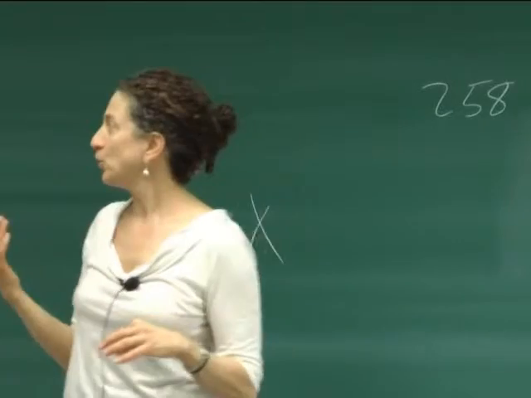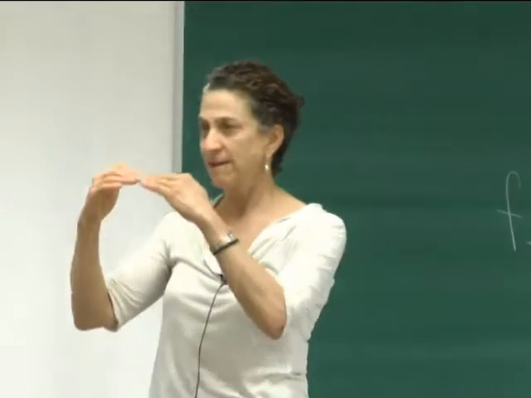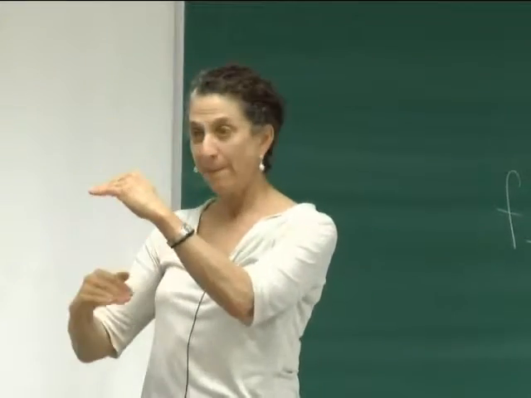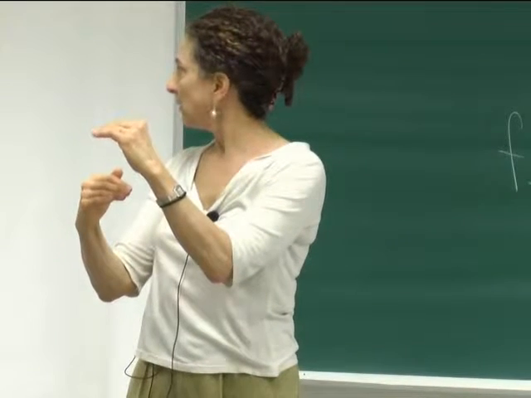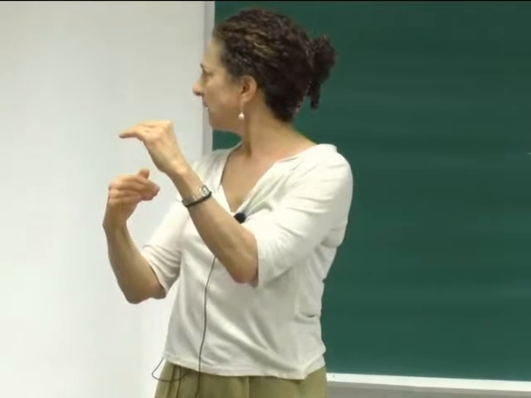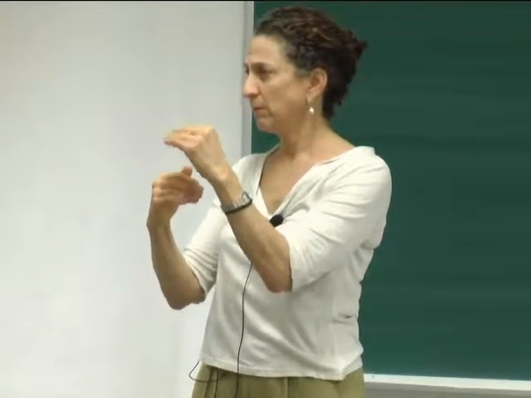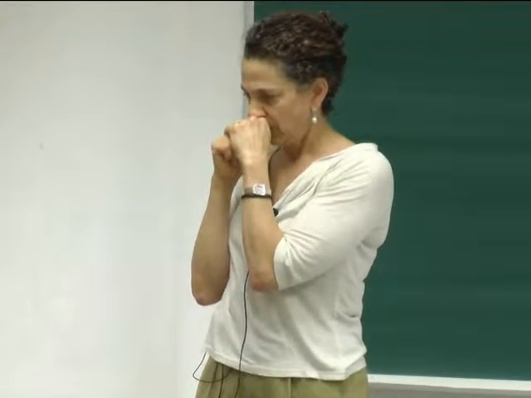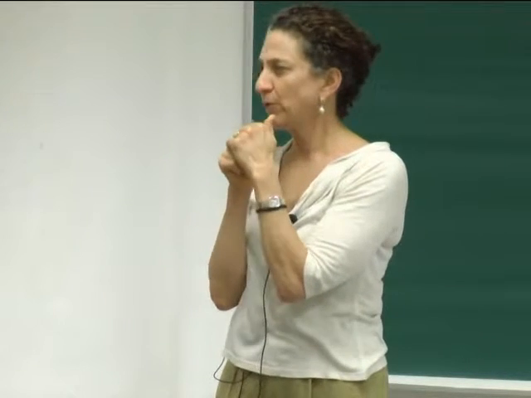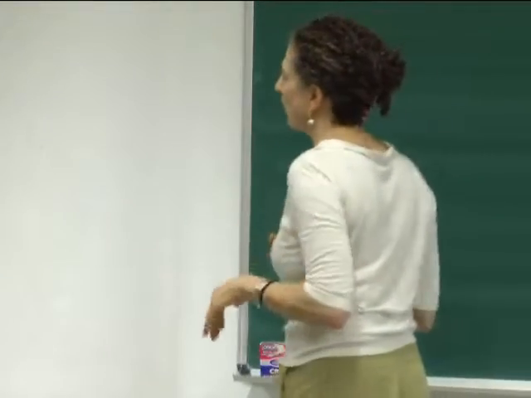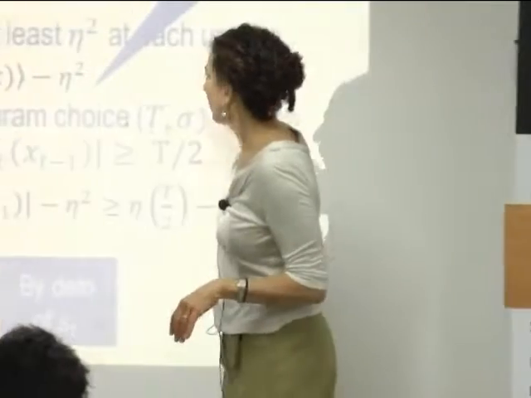And the argument is going to show that this value will drop by at least eta squared at each update. I'm bothered by whether this is eta squared or 1 over eta squared. No, eta squared at each update, okay?